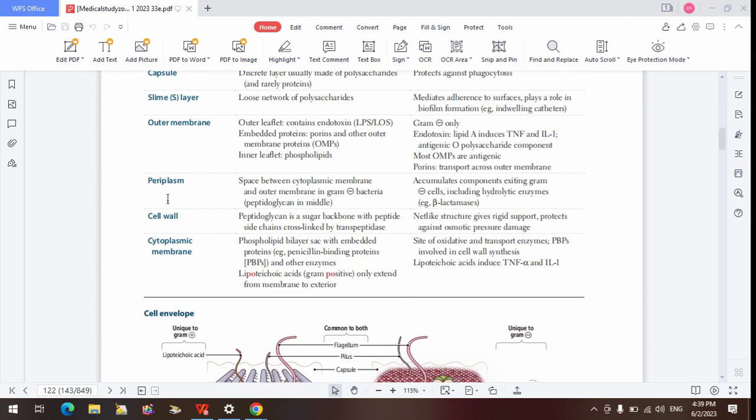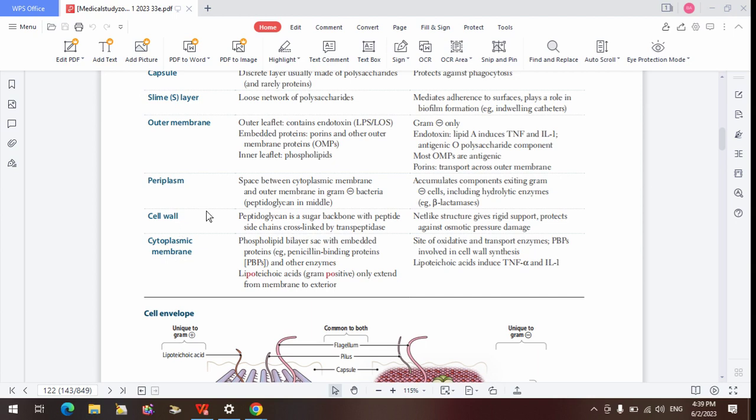So next to the outer membrane is the periplasm. The periplasm is the space between the outer membrane and the cytoplasmic membrane, not the cell wall.